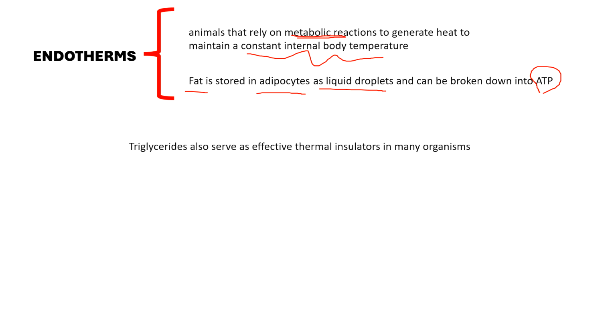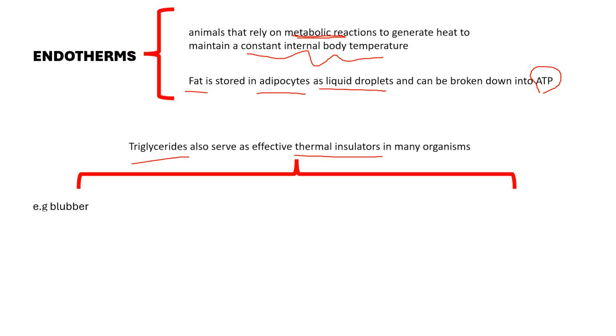Now, triglycerides that we've just seen, a type of lipid, type of fat, also serve as an effective thermal insulator in many organisms, so it helps us maintain our body temperature in cold situations. An example of a triglyceride is blubber.